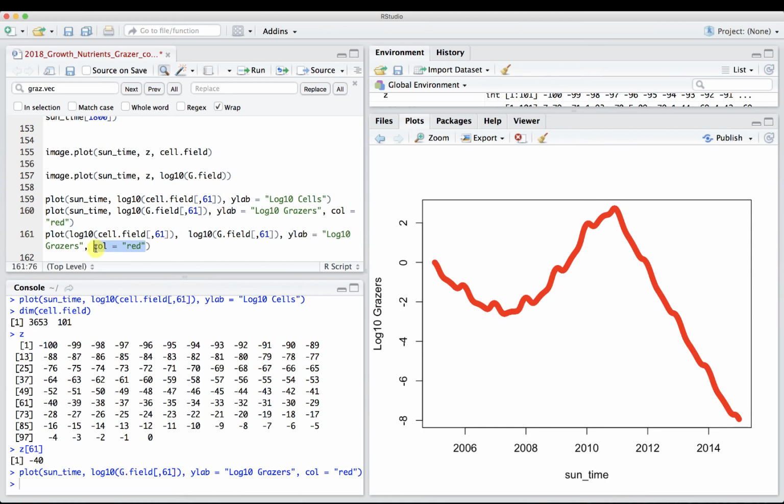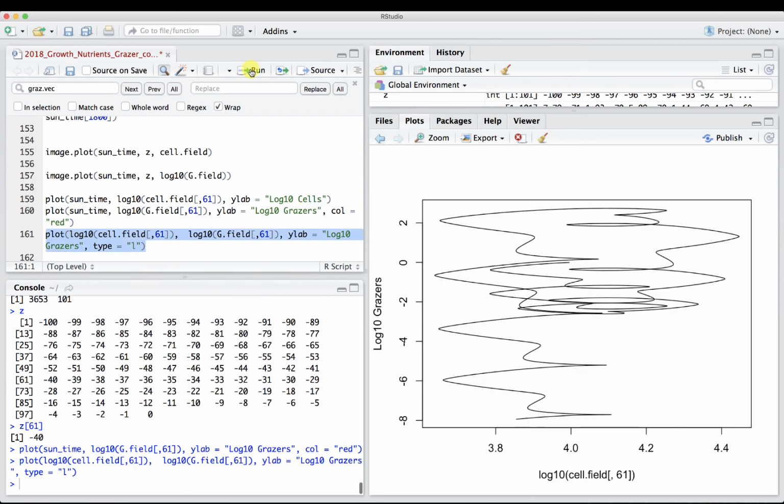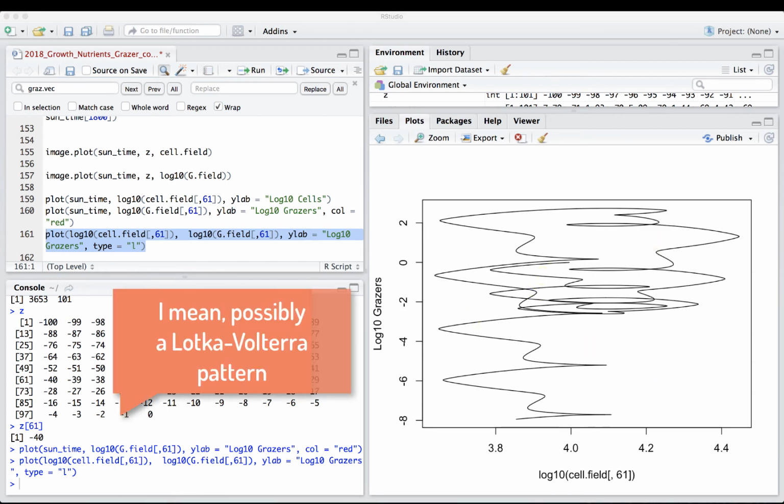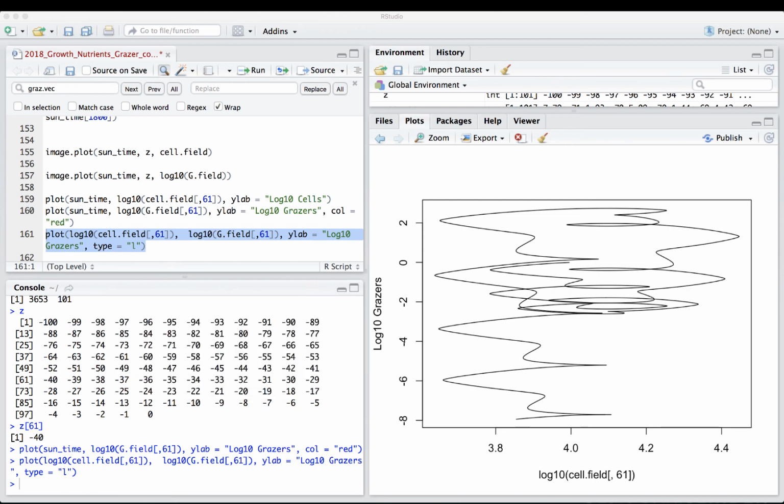And let's just do type L. Okay, we got some circles going on here. Interesting. So we have some kind of phase cycle going on here. Possibly Michaelis-Menten. We could probably take a look at a bunch of different depths at this area.